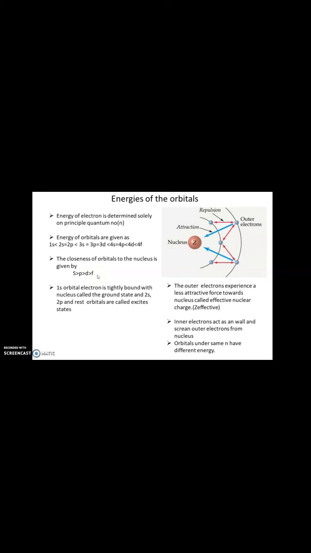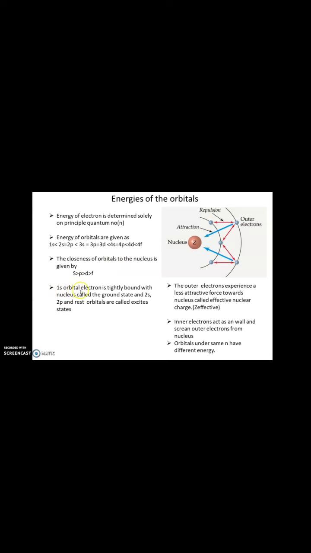For this reason, the electron in the 1s orbital, since 1s is the ground state and the s orbital is the closest to the nucleus, will be tightly bound with the nucleus. For the 1s orbital n equals 1, and it is very close to the nucleus.